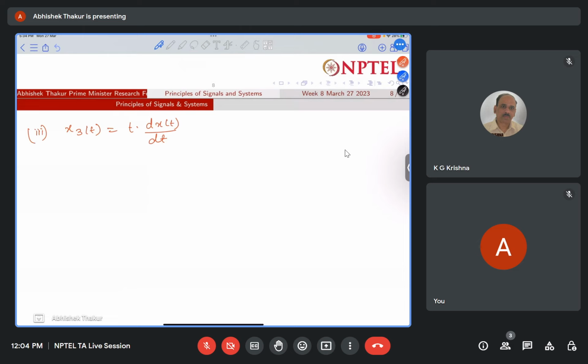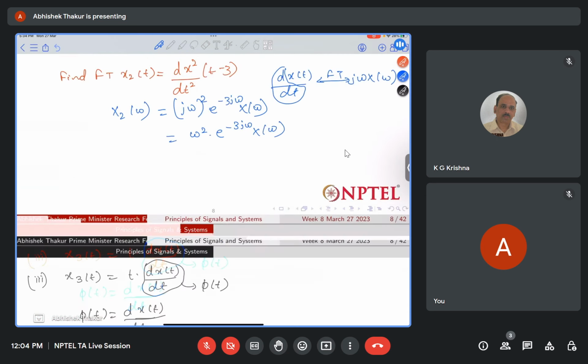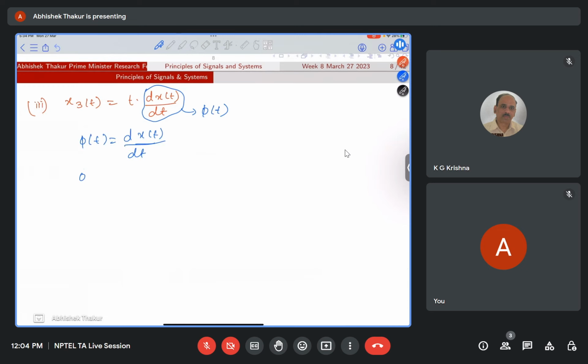We have to find the Fourier transform of this x3t. Let's suppose we consider the derivative term as phi t. Then phi t is equal to d of x(t) by dt. We just did the Fourier transform of dx(t) by dt, which is j omega X(omega). So phi omega is equal to j omega X(omega).